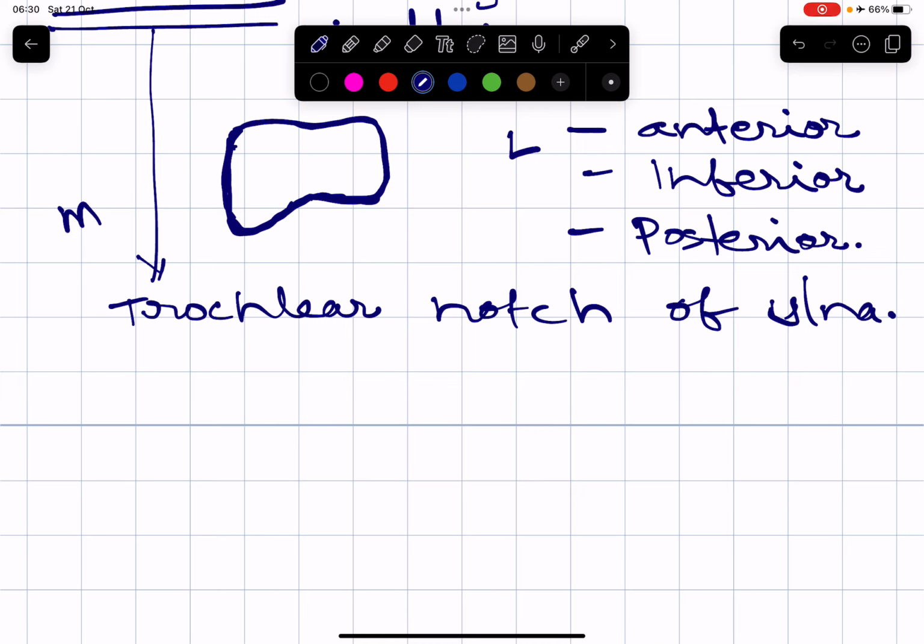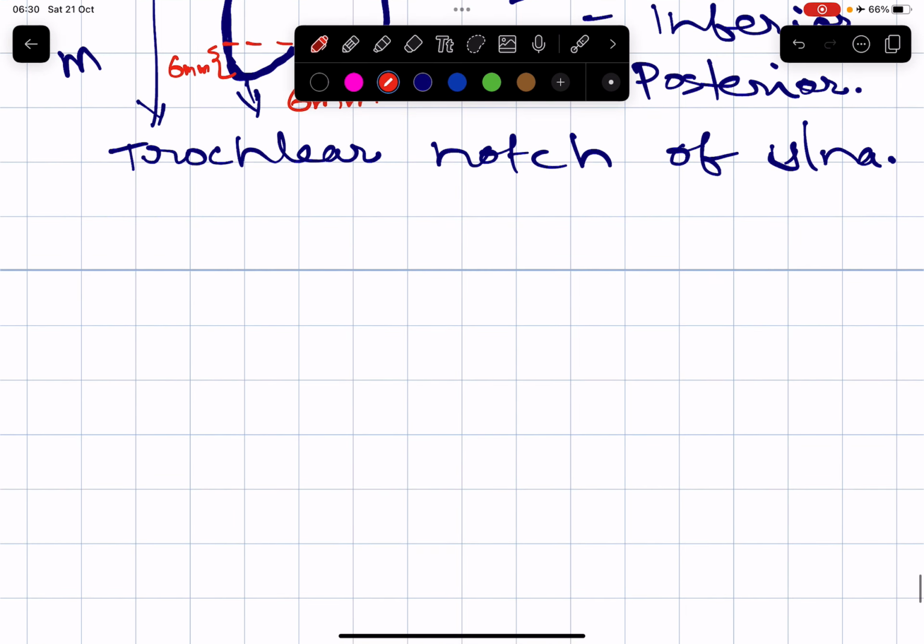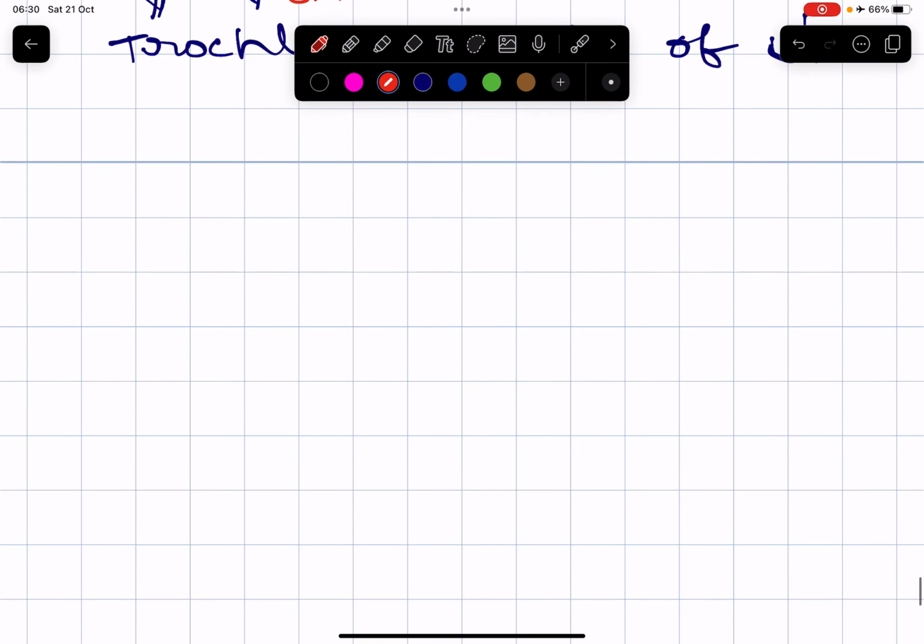This medial flange of the trochlea is broader on the anterior surface, and its medial margin projects about 6 millimeters more than the lateral one. So due to this reason, the forearm is deviated away from the upper arm in the extended elbow.